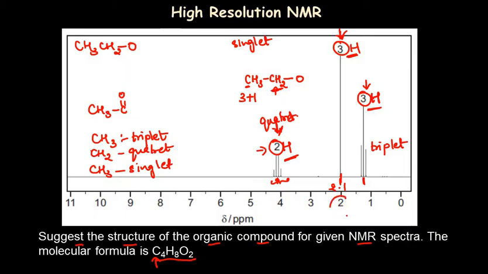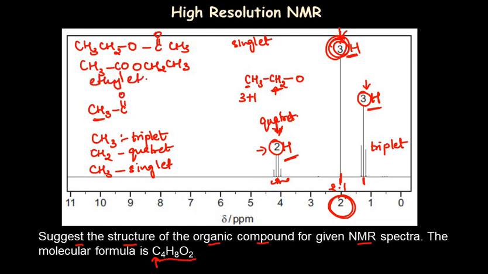So here again we have a similar range, 2.1. So we can say that the 3 hydrogens here are bonded to C double bond O, so we should have a CH3 bonded to C double bond O. In another way we can also draw our ester as CH3COOCH2CH3, that is ethyl ethanoate is our structure.